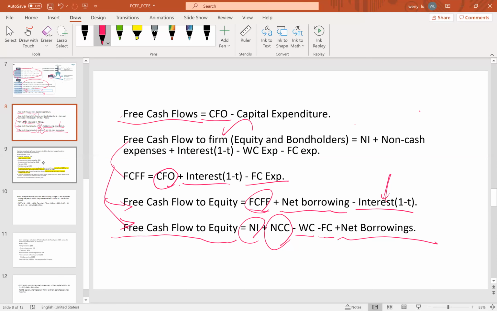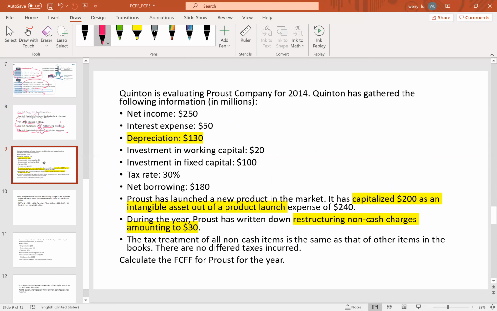Let's see some questions to apply these formulas. These questions are to solve the free cash flow to a firm. Quinton is evaluating companies based on this information.